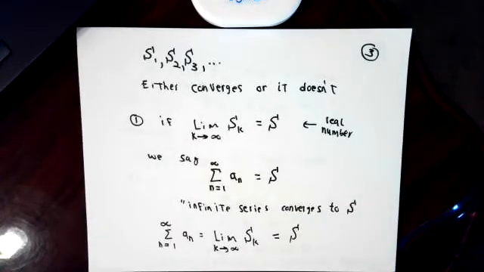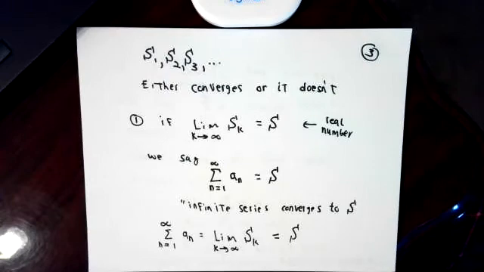These capital S numbers form a sequence. Like any other sequence, that sequence of S numbers either converges or it doesn't. If it does, I'm going to call the real number that it converges to capital S. And not to keep hammering on this, real numbers are not the infinity symbol or negative infinity.